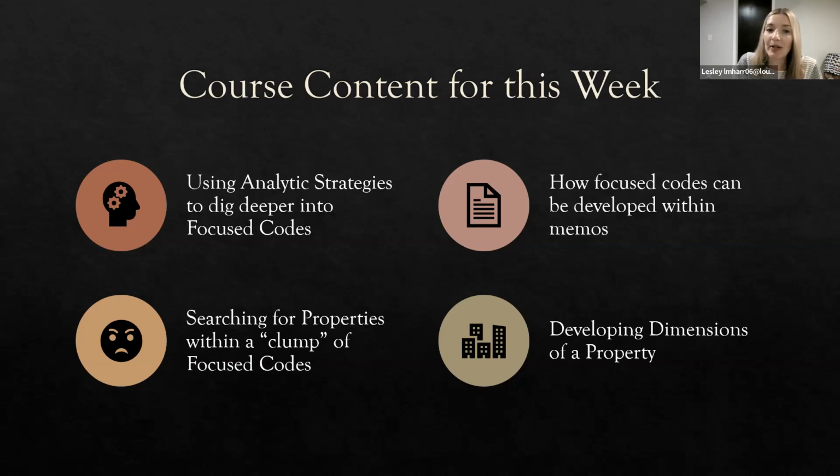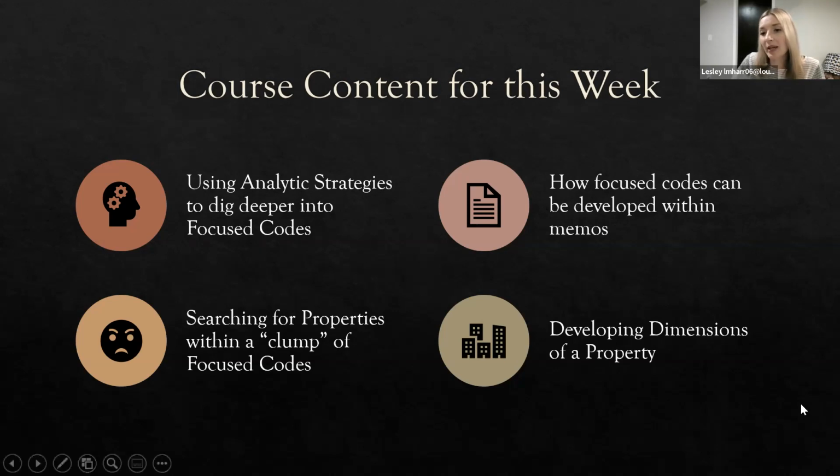We're also going to talk about searching for properties within a clump of focus codes, and we are going to bring in chapter 4 of Anselm Strauss and Juliet Corbin's book to give us just another voice to think about data conceptualization. And then we are going to talk about developing dimensions within a property.